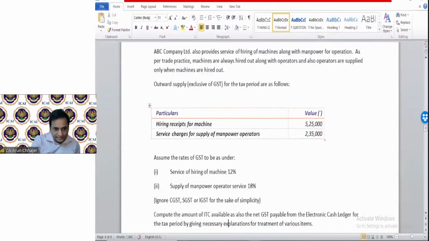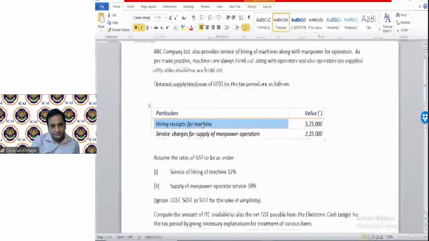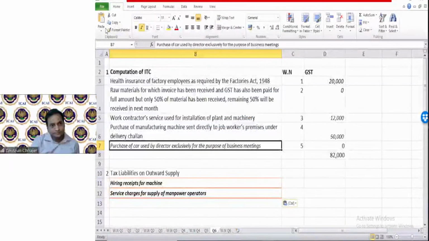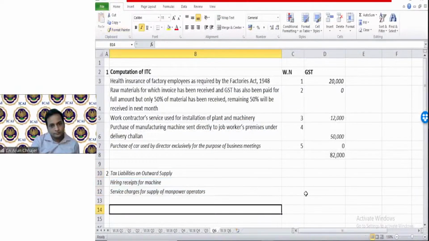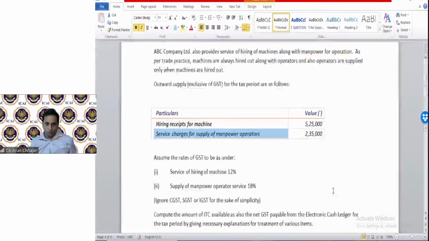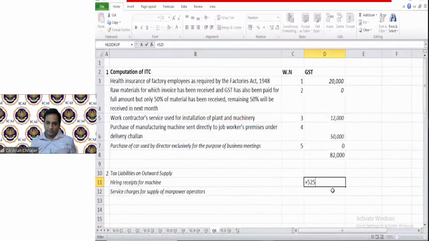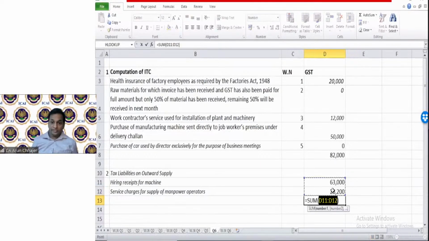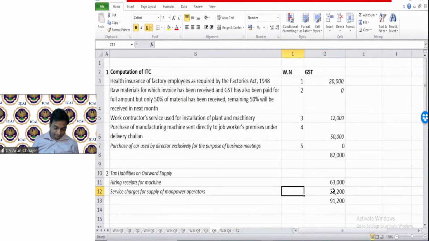So here I can say the hiring of machine and service charge on 5,25,000 into 0.12 and 2,35,000 into 0.12. So here you can write one more.